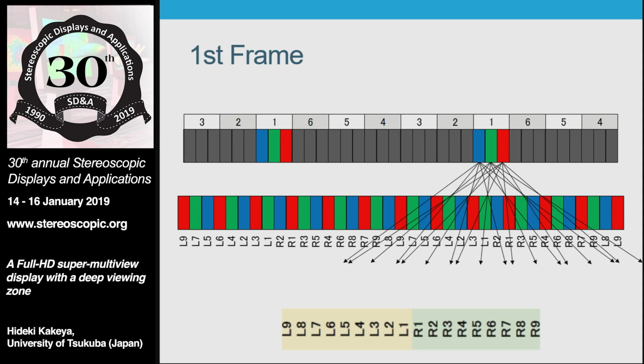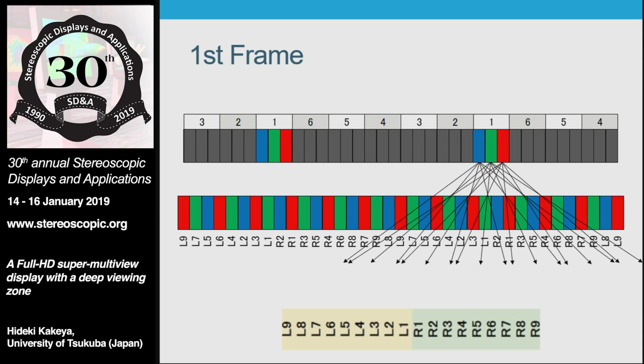Because it's time multiplex, this is the first frame of the 6 frames. In the first frame, 1/6 of the slit is bright in each frame. Note that the order of the color filter is different.